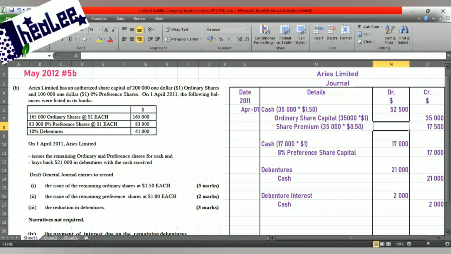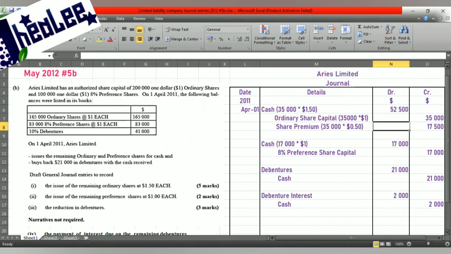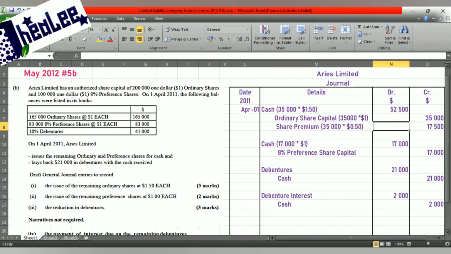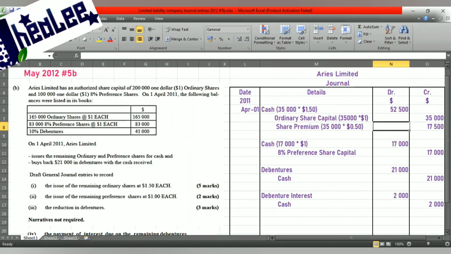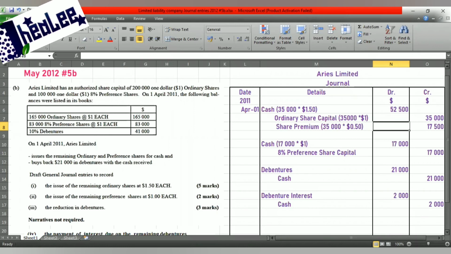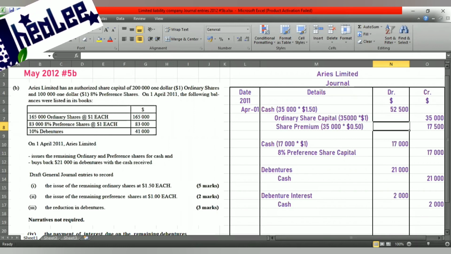We have also looked at the issue of debentures. Remember, issuing debentures is where you have acquired that loan, so there's an increase in the liability. So your cash or bank is debited and the debentures is credited.